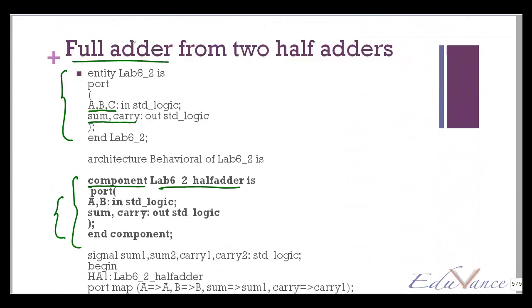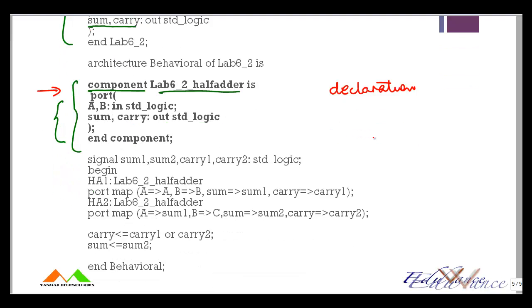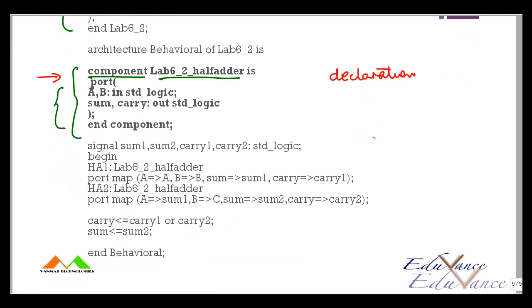So that said, let's continue. So I call this as a component. So this was the component declaration. Now comes the part of using this component. So let's say we have created signals as sum1, sum2, carry1 and carry2. So let's walk this design through.